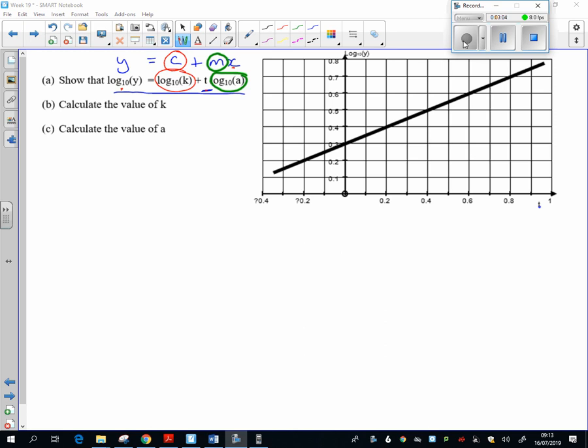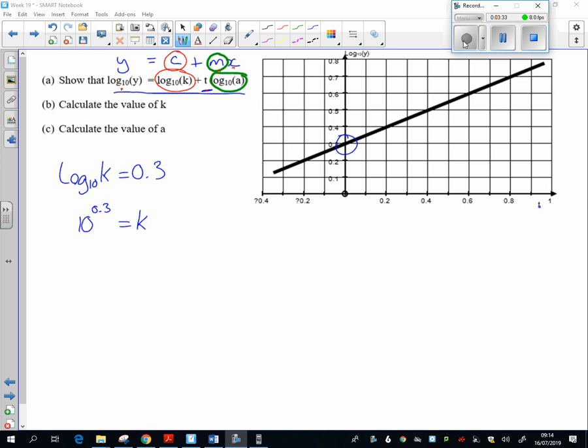Okay, so I just need to read the y-intercept and the gradient from the graph. So just want to do this as accurately as you can. So if we do the y-intercept first, that looks to me like it's 0.3. So log to the base 10 of k is 0.3, and then if I take that out of log notation, that would be rewritten as 10 to the power of 0.3 is k.